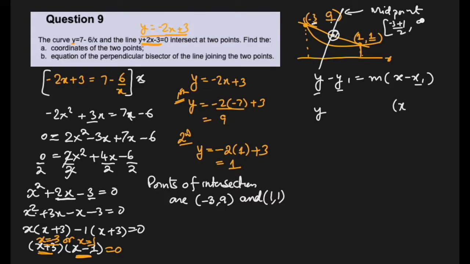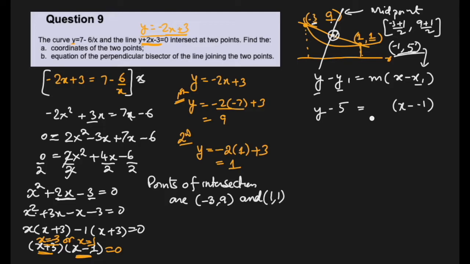Y coordinate is 9 plus the y coordinate of the other one, divided by 2. So this becomes our x1, which is minus 2 divided by 2, minus 1. 9 plus 1, 10, 5. This is the midpoint. And this point we will use in this equation because that midpoint is on this white line. So y minus 5 and x minus 1.